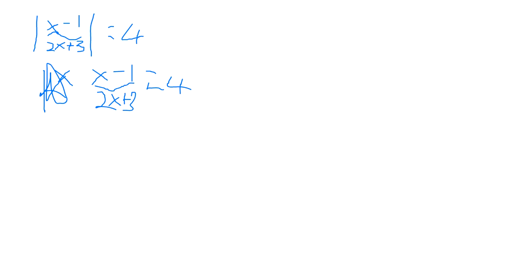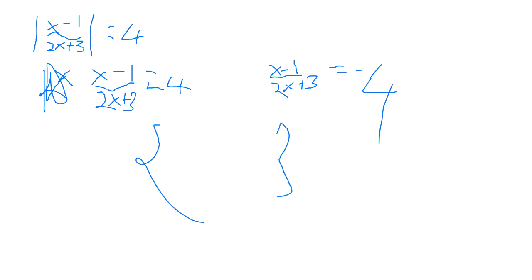Then x minus 1 all over 2x plus 3 equals minus 4. Then you solve for x in both. Then you write the answer in a bracket in set form.